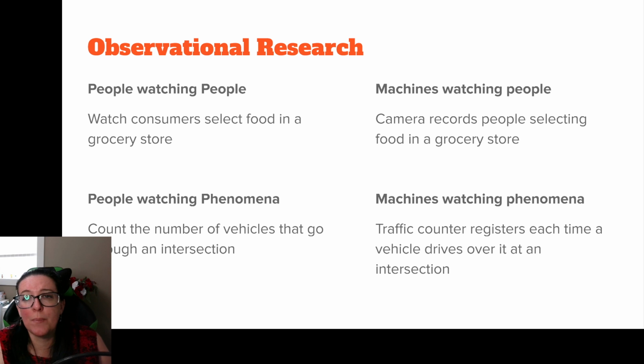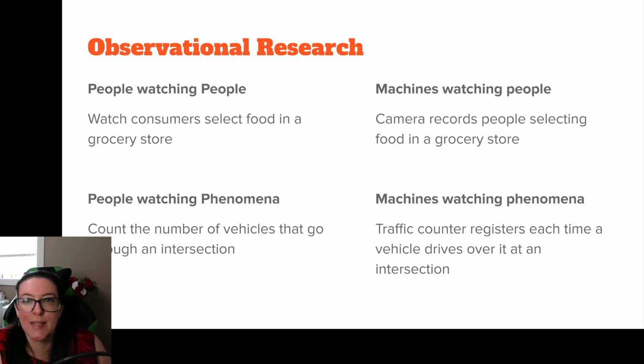You can also have people watching phenomenon. So instead of focusing on a person and what they do, we can choose an event to observe. And so, for example, we can look at what's happening at an intersection. So the people come and go. Rather than tracking a single person and what they do, we're tracking an event. So here we could count the number of vehicles that go through an intersection.